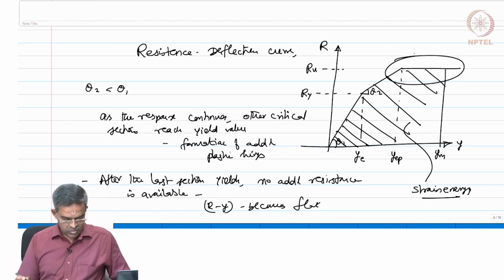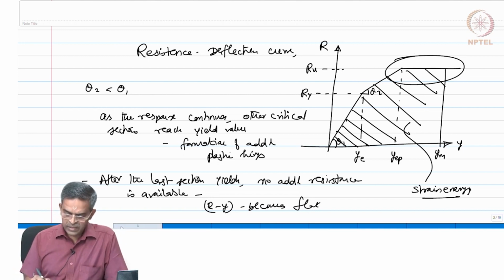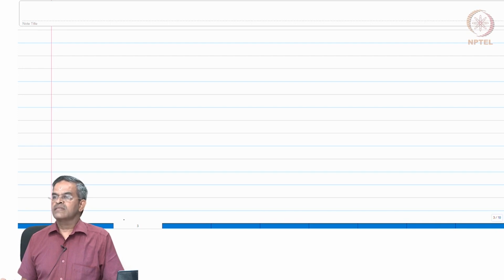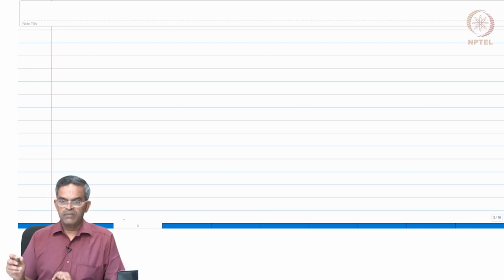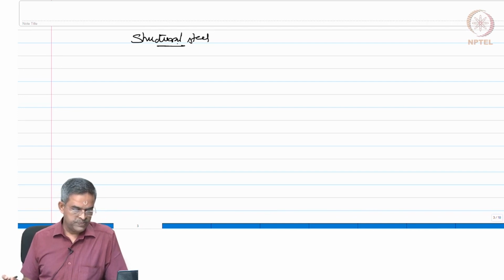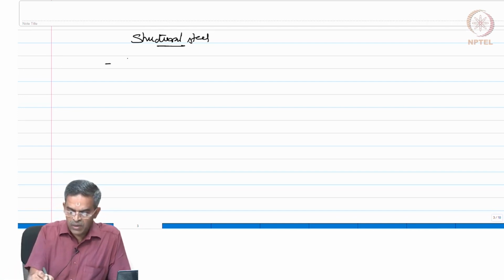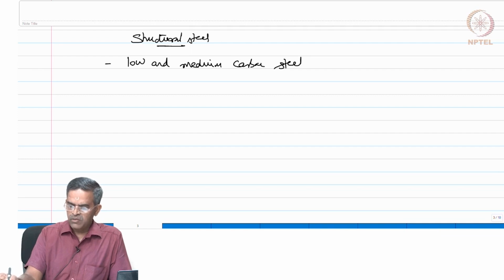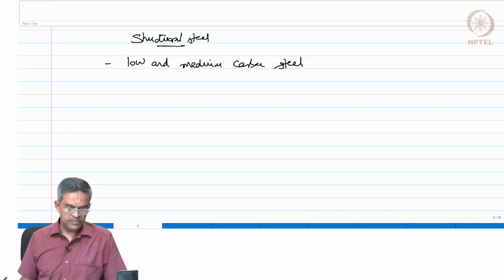So, having understood this, let us try to apply more understanding on blast resistance with steel as a structural material. Let us take structural steel, and we are specifically talking about low and medium carbon steel. I think we have already given this classification, we should be able to recollect them.